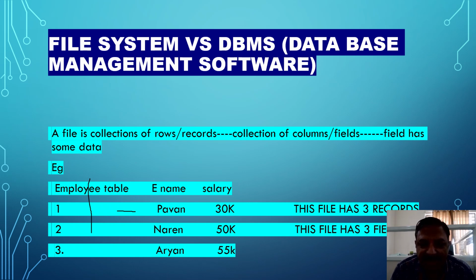A file is a collection of information in the form of records and fields, which has some data about something. That is called the file system.